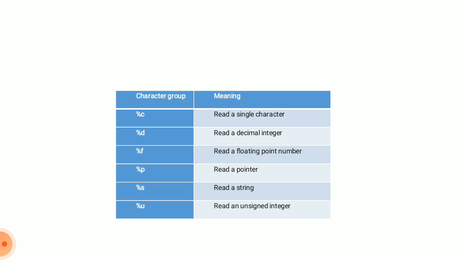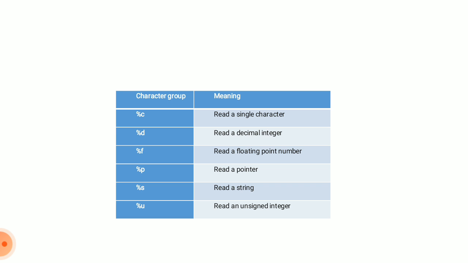So, now we will see some character groups and the meaning of those character groups which we commonly use in our program. Okay. %c converts or reads a single character. So, if you are reading a single character, then we must specify %c. %d means read a decimal integer. Okay.